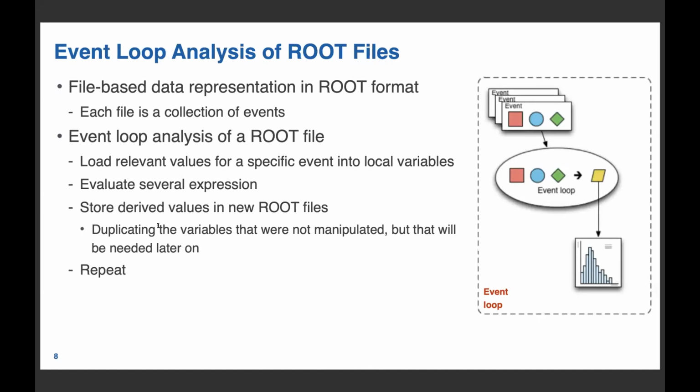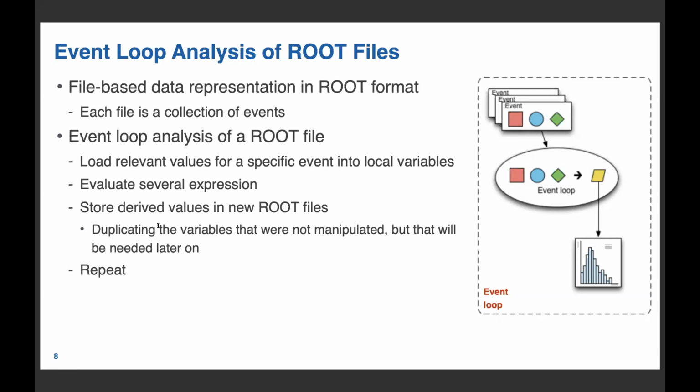So which is this convoluted way? Well, it's something that we all know well, right? If you want to use ROOT for that analysis, eventually you're going to have to perform an event loop. ROOT is a file-based data representation, so each file is a collection of events.